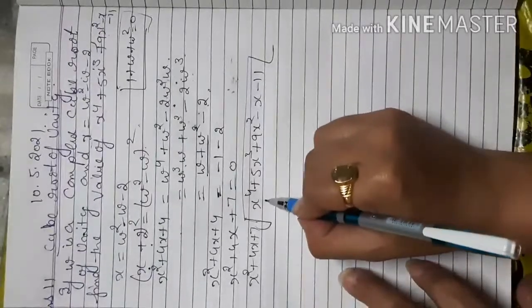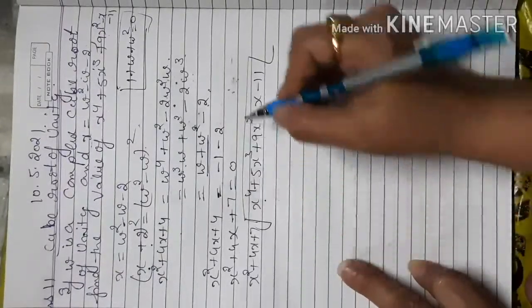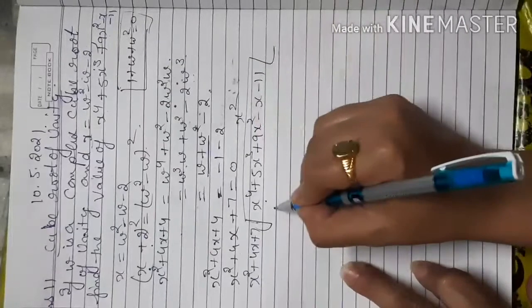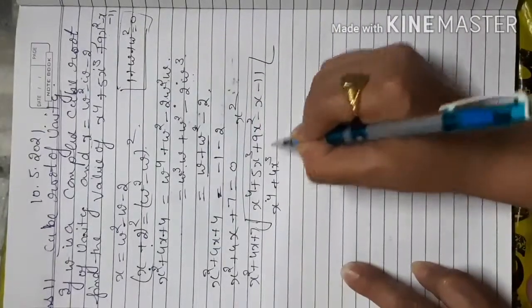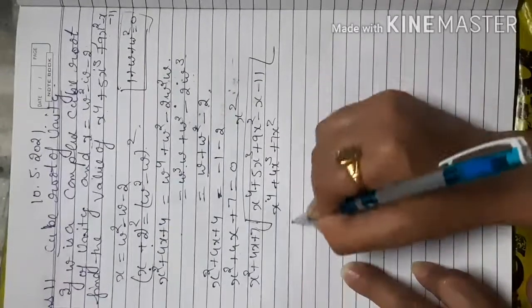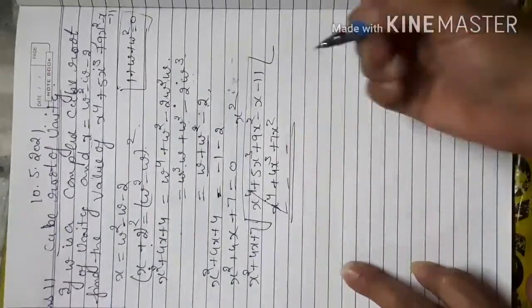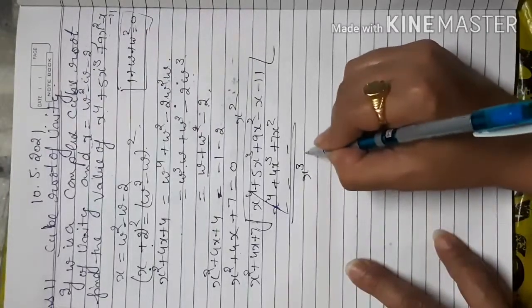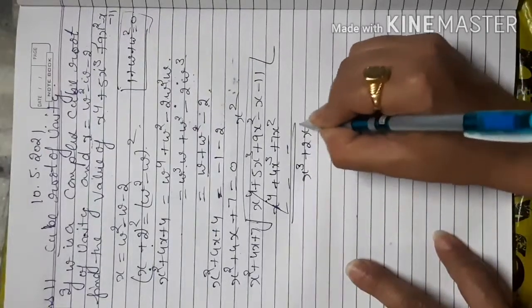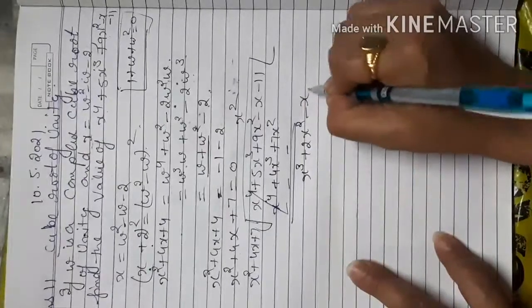First I want to remove x^4, so I multiply with x^2. That gives me x^4 + 4x^3 + 7x^2, then if you subtract, 5 minus 4 gives me x^3, 9 minus 7 gives me plus 2x^2, then carry on minus x.